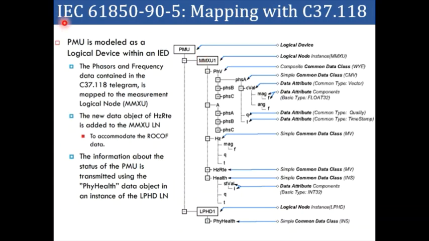Now let's see the mapping of phasor measurement unit. We discussed IEEE C37.118 when we discussed the phasor measurement unit. Now, in case of IEC 61850, the PMU is modeled as a logical device within an IED.